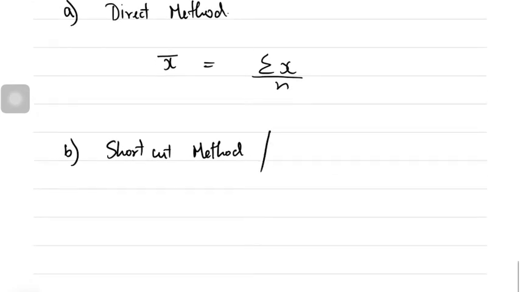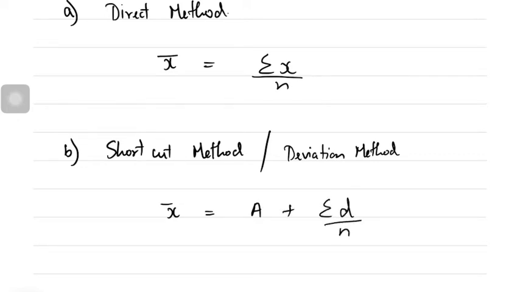This is also called as deviation method. The formula for this is x bar is equal to a plus summation d upon n.